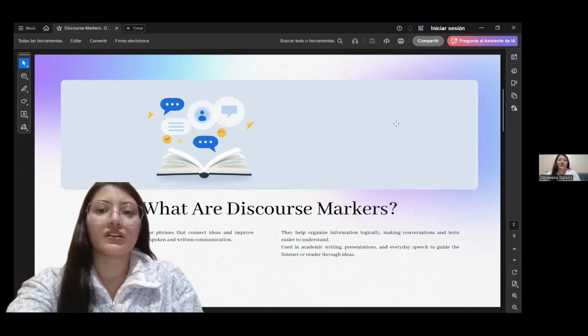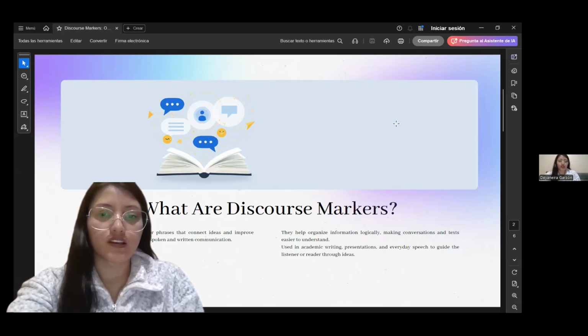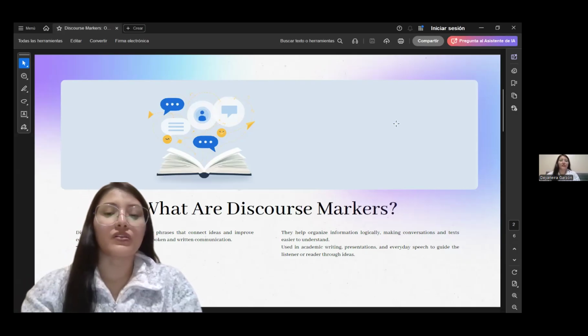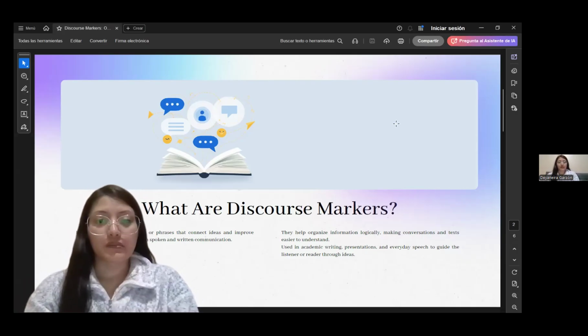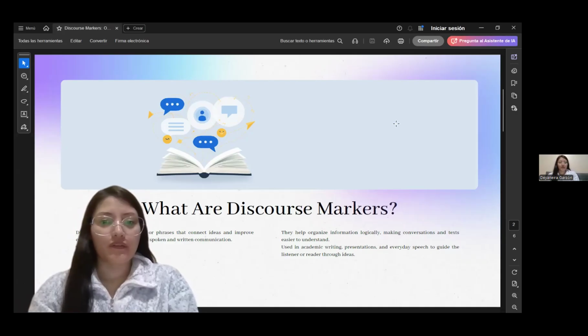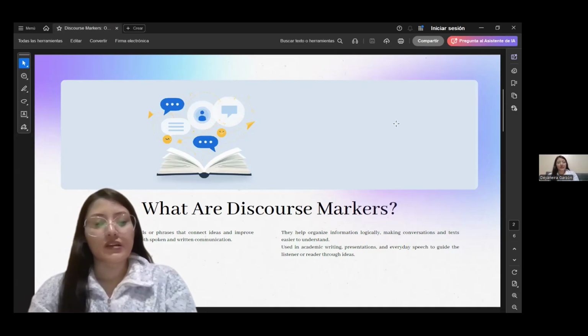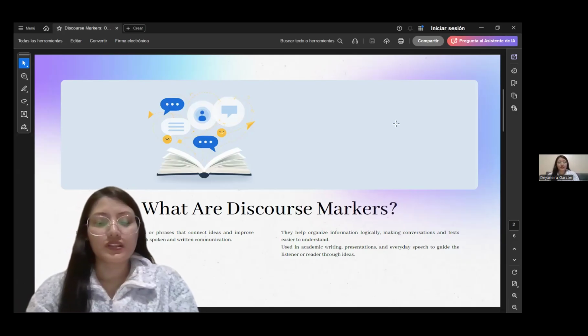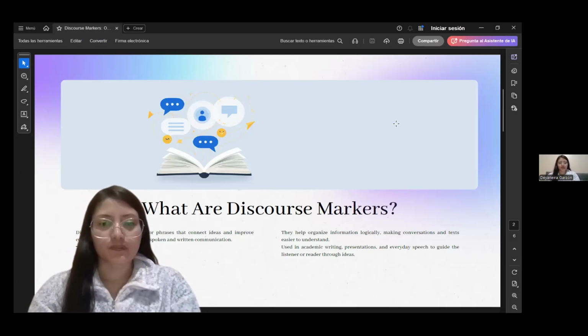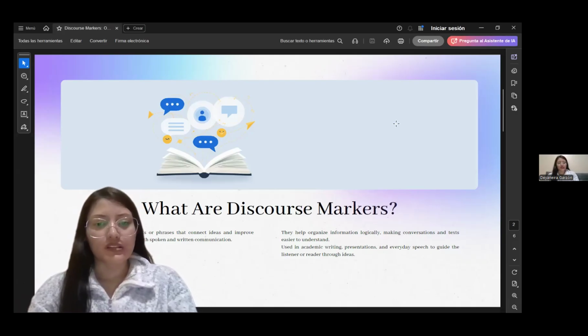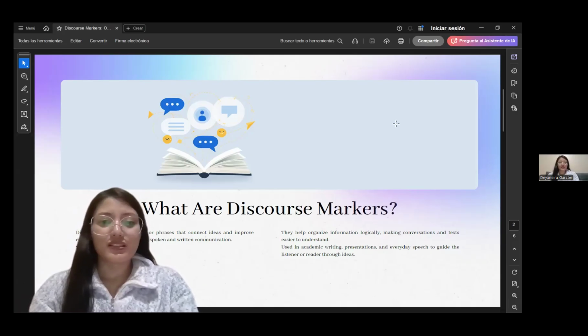Although they usually do not change the meaning of a sentence, they improve clarity and cohesion. For example, words like however, therefore, first, finally, and for example are common discourse markers. Without these connectors, our speech or writing may sound disconnected or confusing.